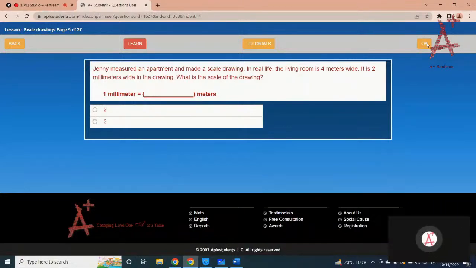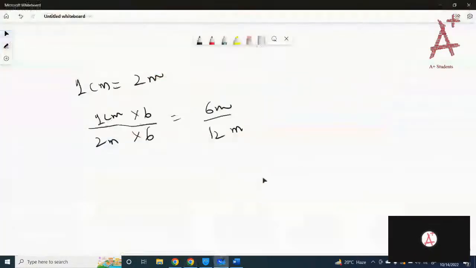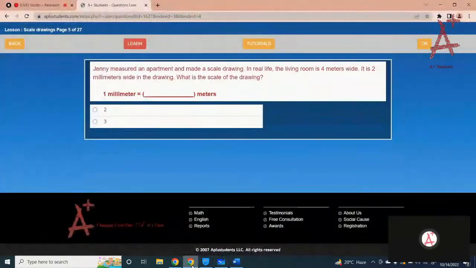So 4 meters to 2 millimeters, 4 meters divided by 2 millimeters. We need to calculate the scale, 1 millimeter equals how many meters.